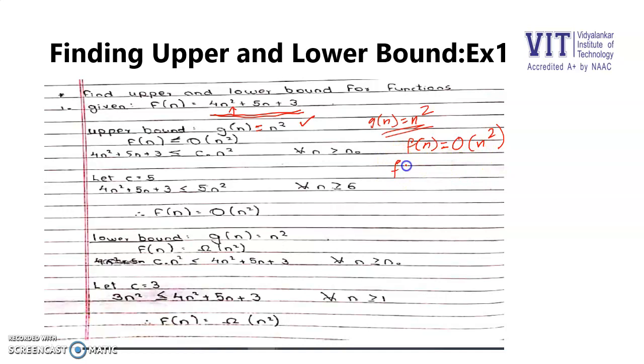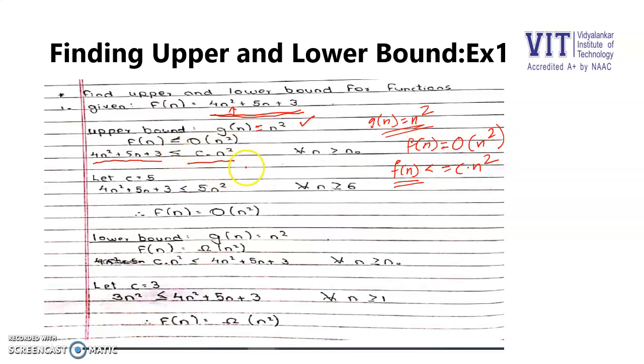By definition, f of n is less than or equal to some c times n square. What is f of n? f of n is 4n square plus 5n plus 3. So we have 4n square plus 5n plus 3 less than or equal to some c times n square.